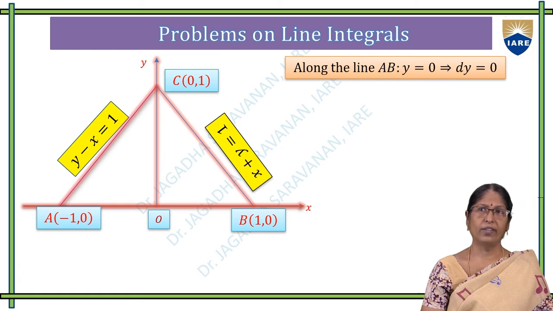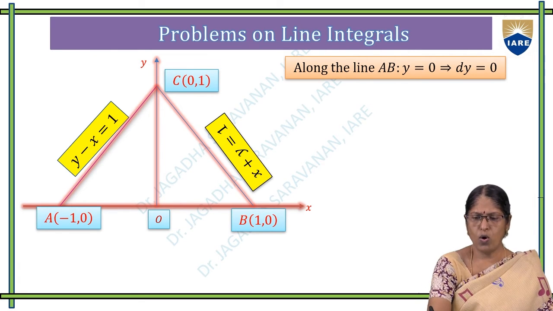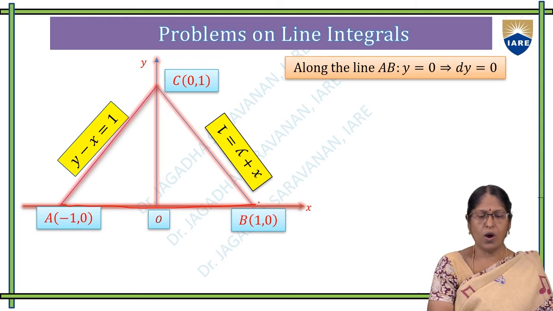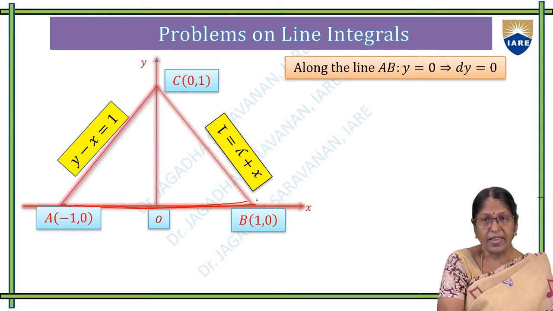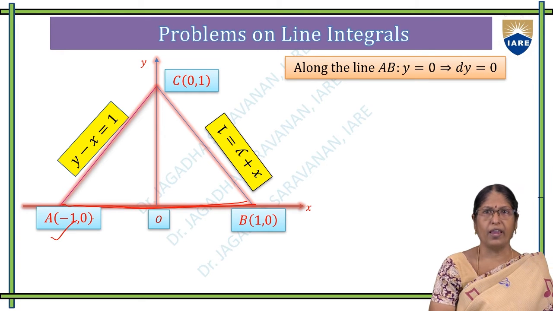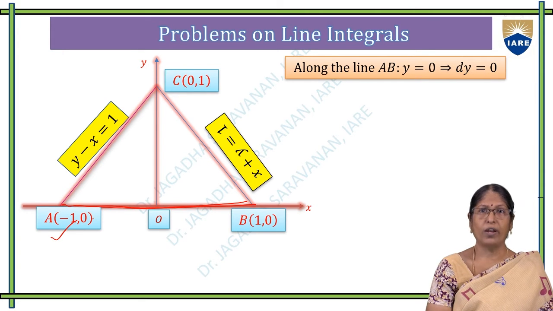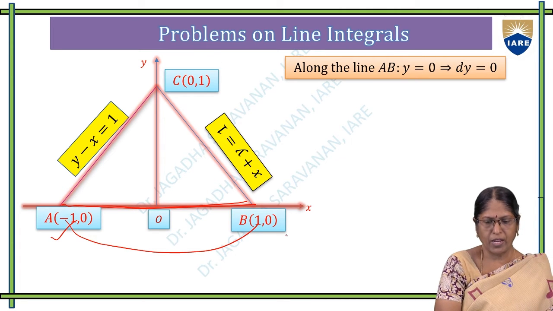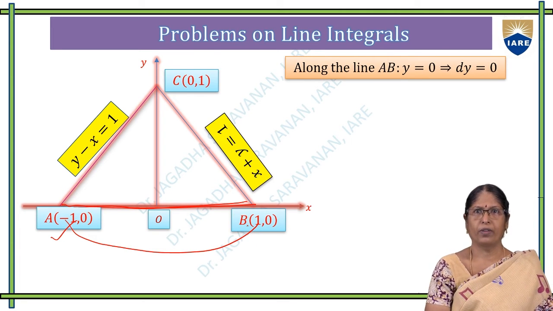Now along the line AB, we can see it here. From A we are moving in the x direction. The point A is (-1, 0), so the x point is minus 1, and here it is 1.